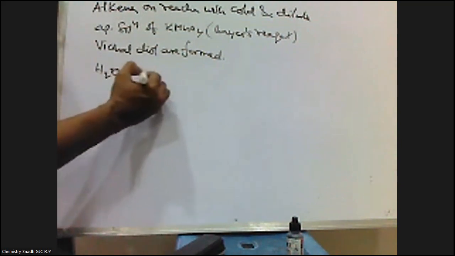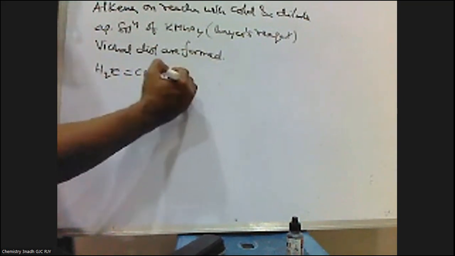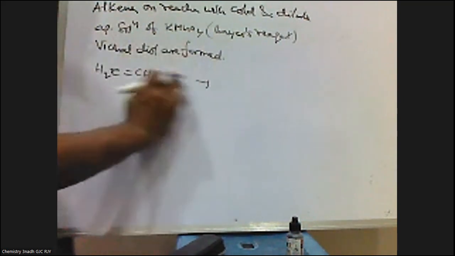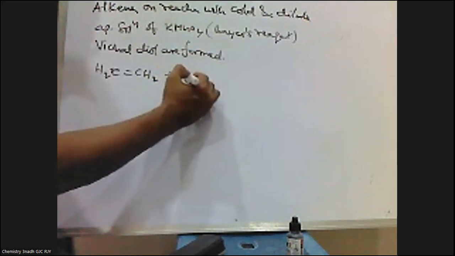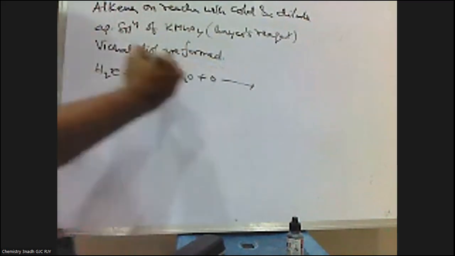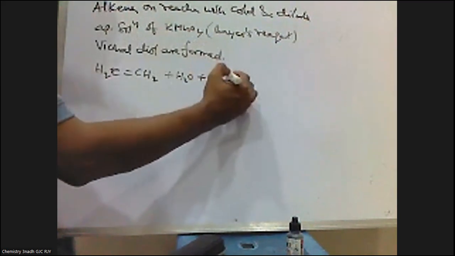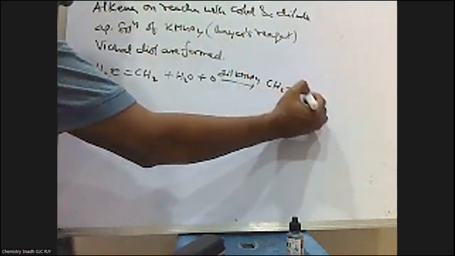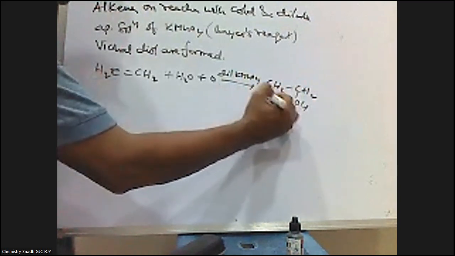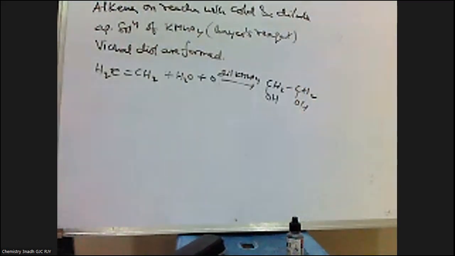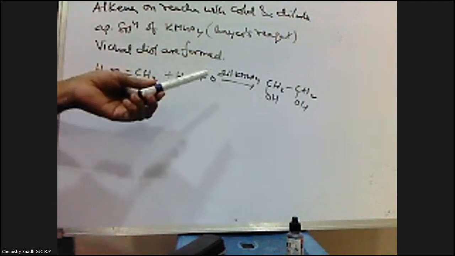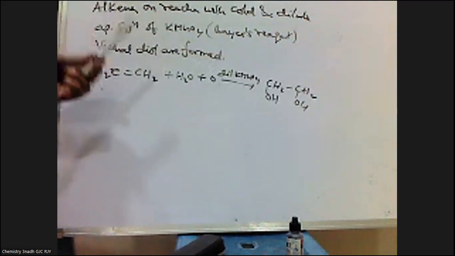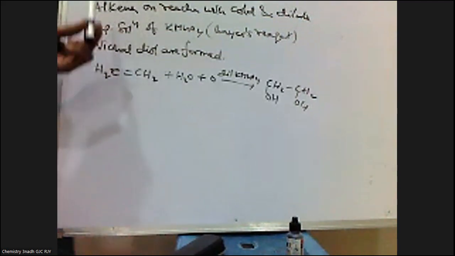So for example, if you take ethylene on reaction with Baeyer's reagent, we will get ethylene glycol, ethane-1,2-diol, right? So this is the oxidation property of alkenes.